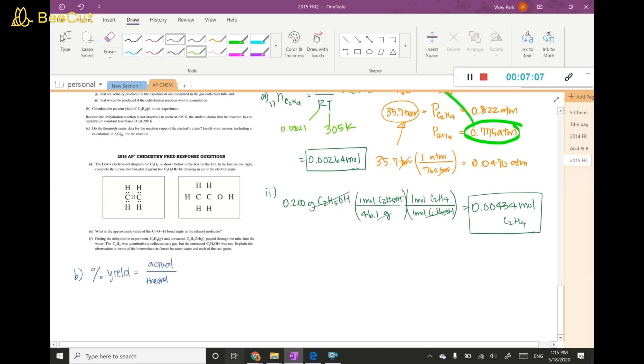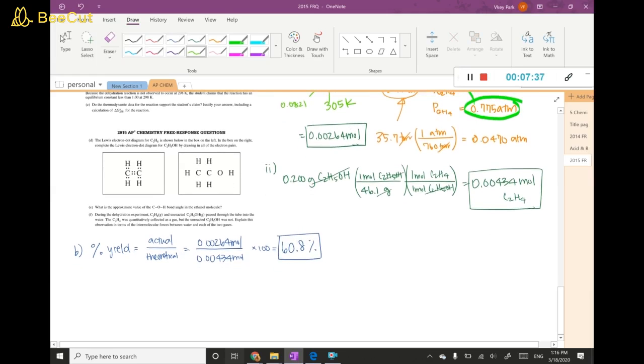You actually collected 0.00264 moles, and how much were you supposed to collect? 0.00434 moles, times 100, and that gives you about 60.8%, and that is how much you ended up collecting. All right, good.